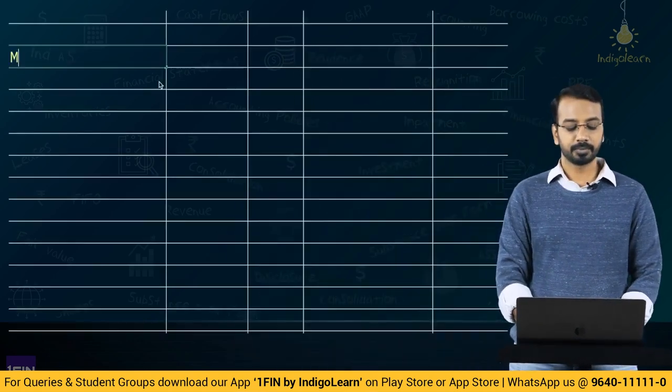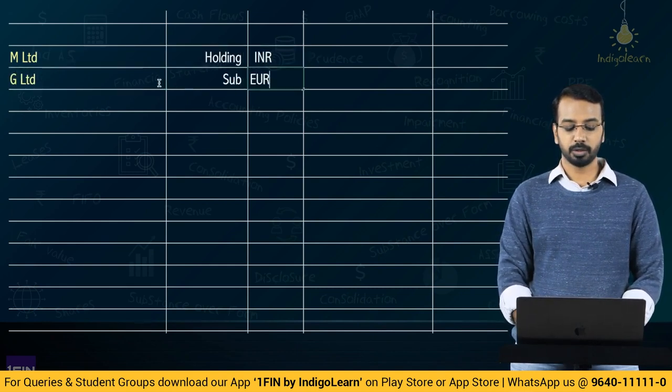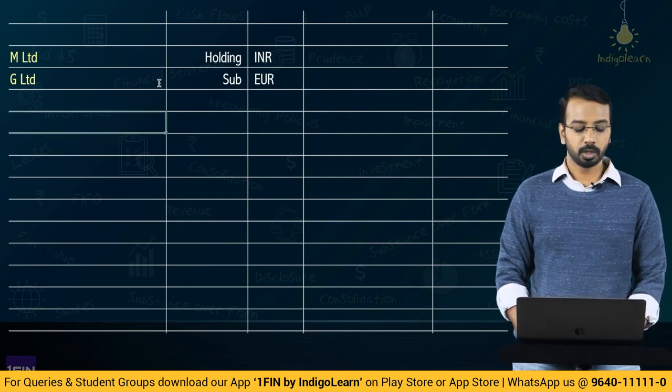Now in such questions, it always makes sense to note down quick facts so that you are not confused while reading the question. So we have M Limited, holding company, functional currency INR, and G Limited, subsidiary, functional currency euro.